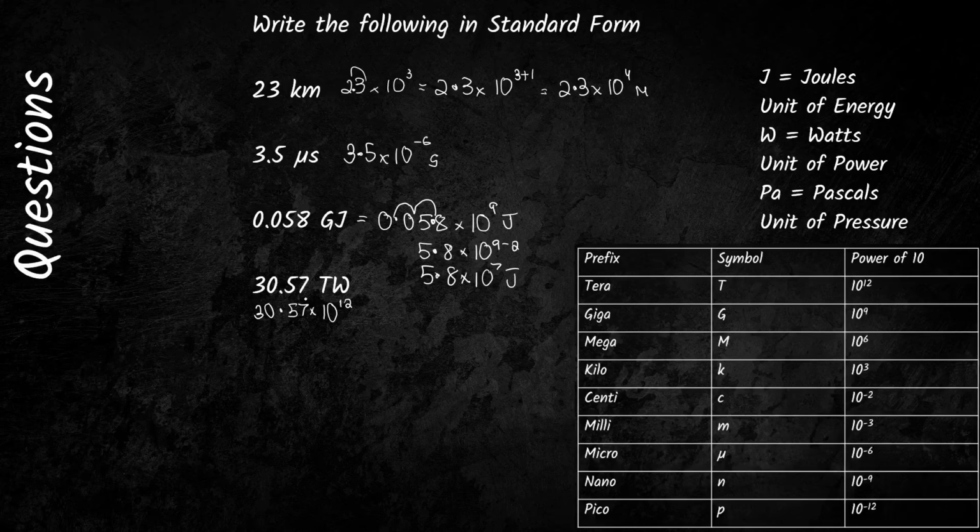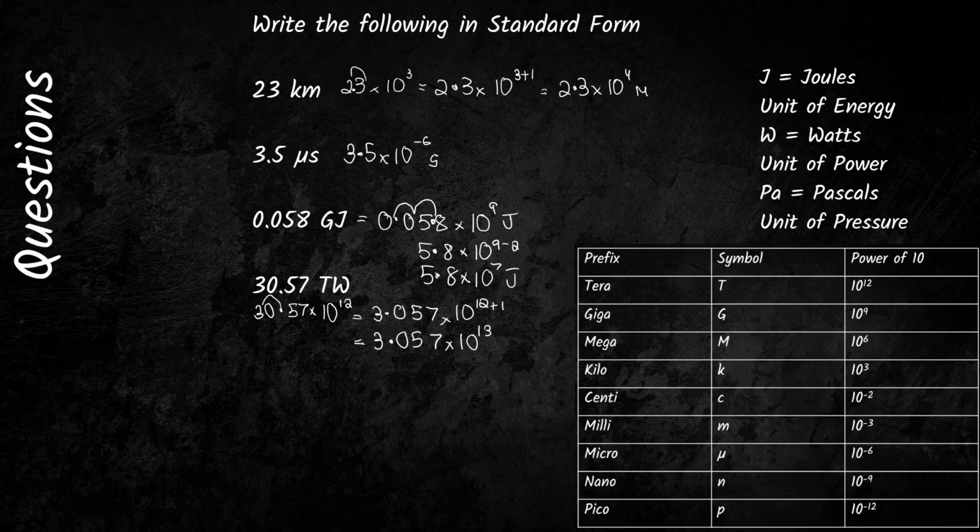We need only 1, so we're going to move the decimal place to the left. But because we moved the decimal place to the left, we are going to add 1 to the power. So this becomes 3.057 into 10 raised power 13.